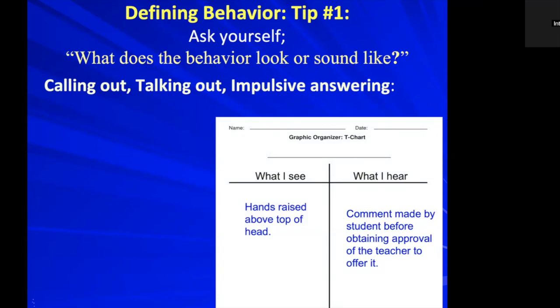So if we say a student calls out the answer, or talks out during the lesson, or responds impulsively, well, what does that mean? What do I witness when that happens? Oh, the hand is raised above the top of the head, but the student needs to wait for the teacher to acknowledge him, her, or them before offering that answer.